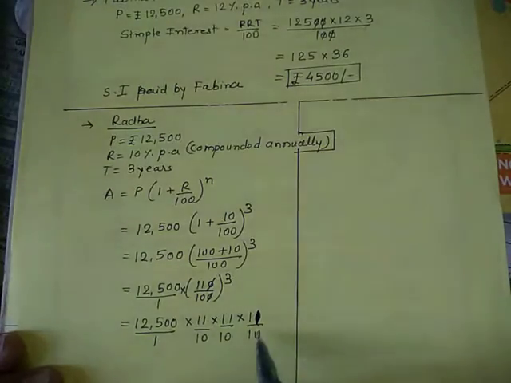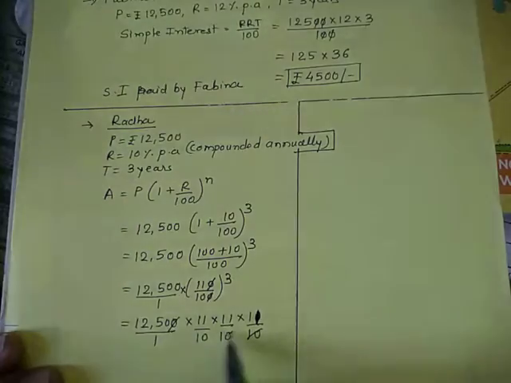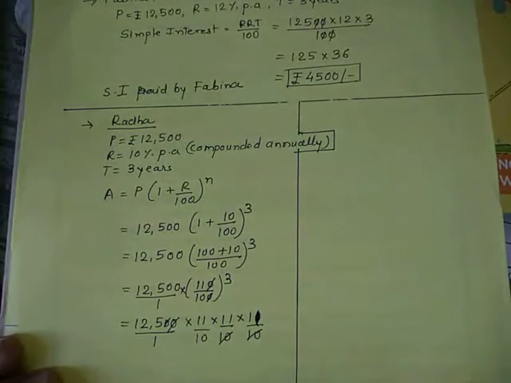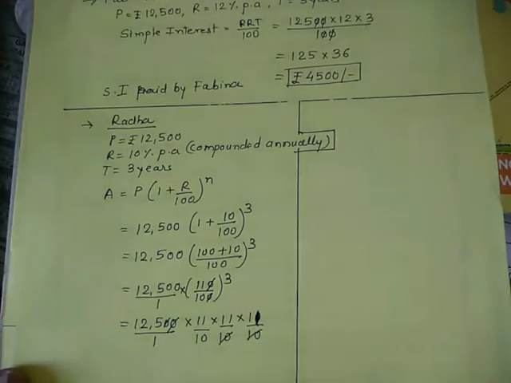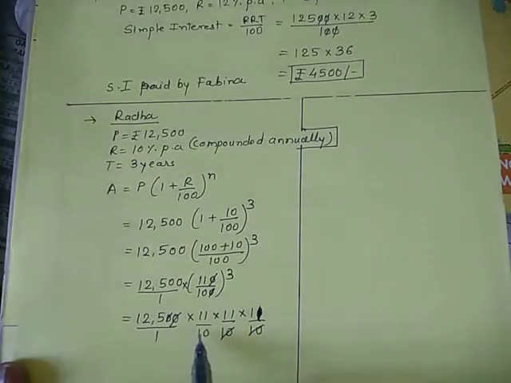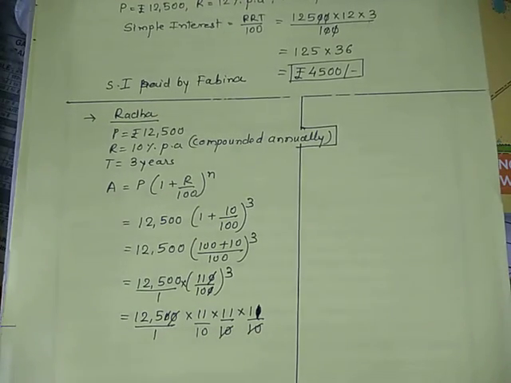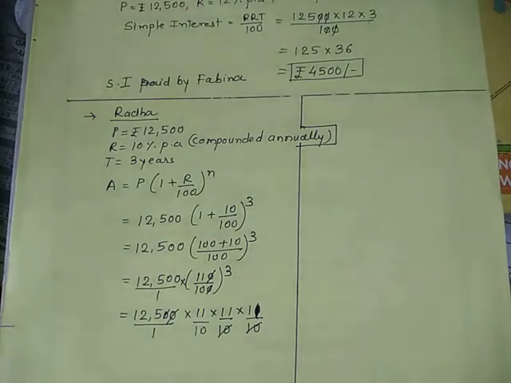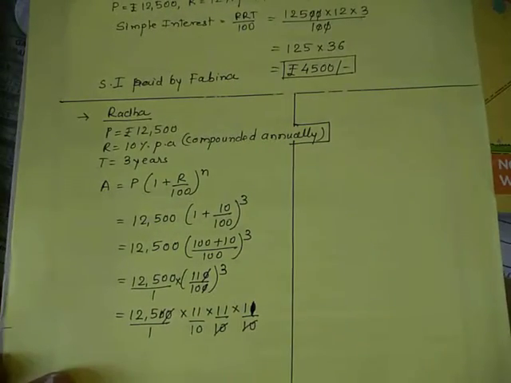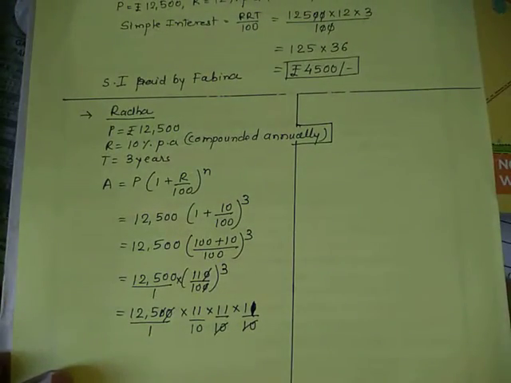Here I can cancel these zeros, and I can still do a reduced form of it. Otherwise I can multiply this and then place the decimal point. The way you feel it is easy, the calculations can be done in your own way. It is not necessary to adopt the same method that sir used. Clear?